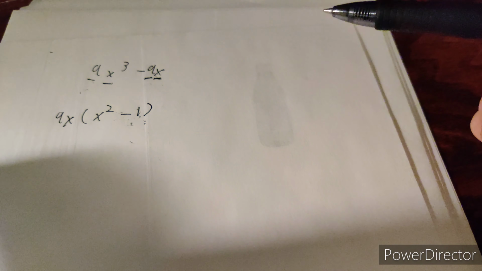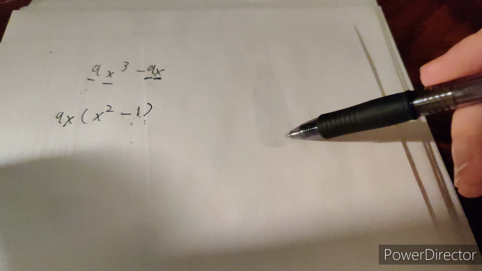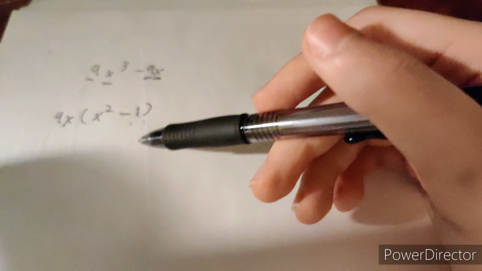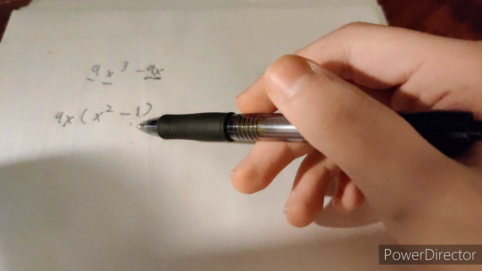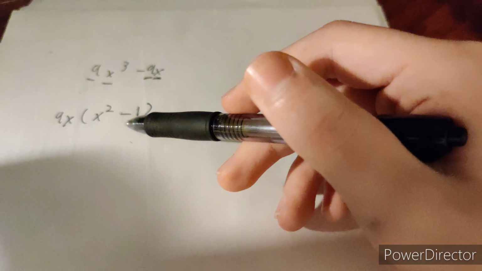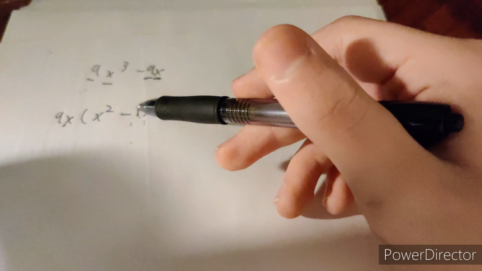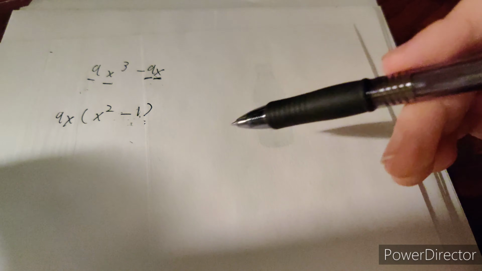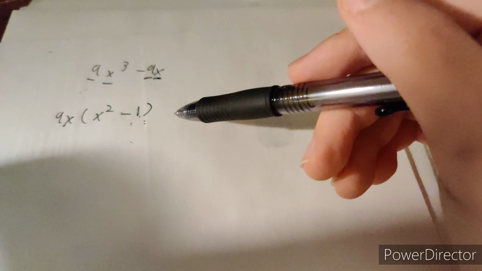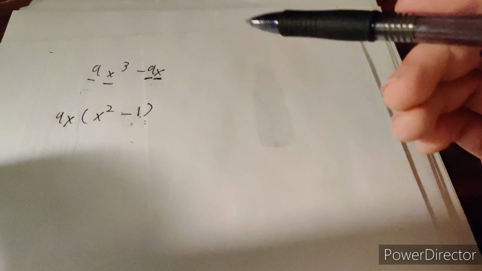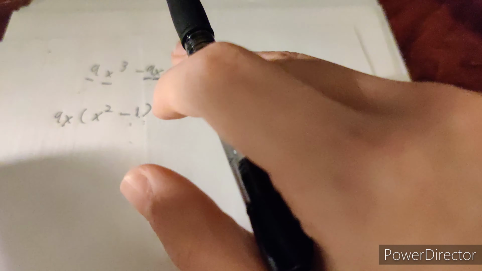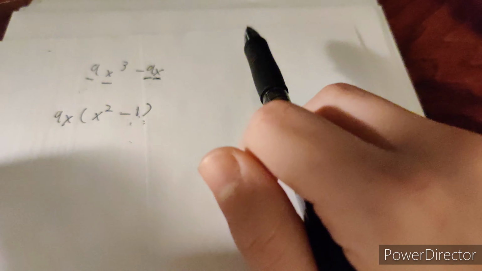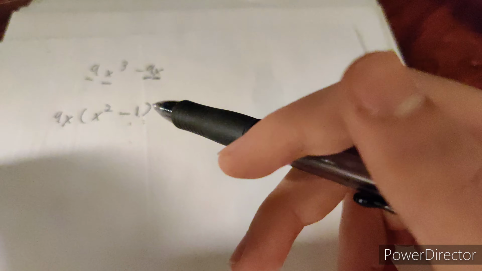When you FOIL x minus 1, x plus 1, the middle terms cancel, and that's why they only do x squared minus 1. But when you have a plus sign, the middle terms don't cancel, so you know that there's going to be 3 terms, which means it's going to be a trinomial.